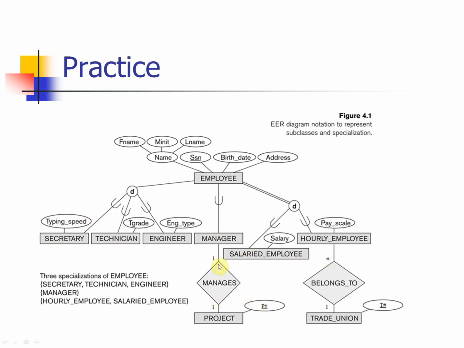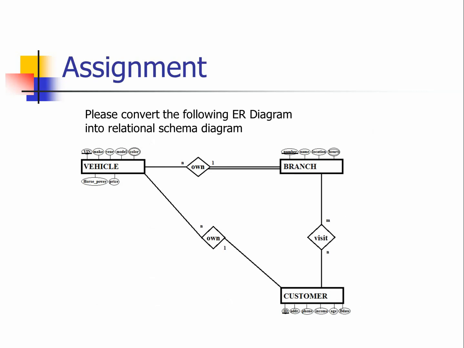The subclasses can also have some relationships with all other entities. So this is going to give you a good practice of converting the EER diagram into a relational schema diagram. But this is only a practice. What you would need to submit is the assignment slide that is probably much smaller compared with the practice I want you guys to work on.